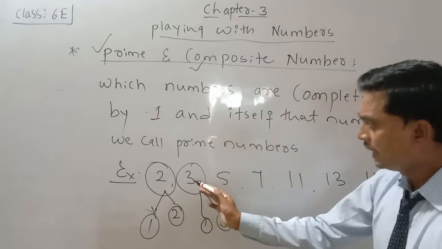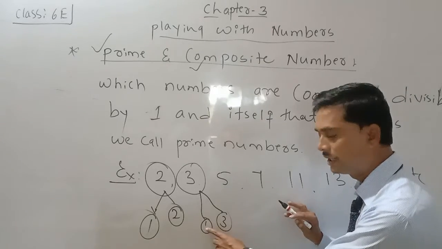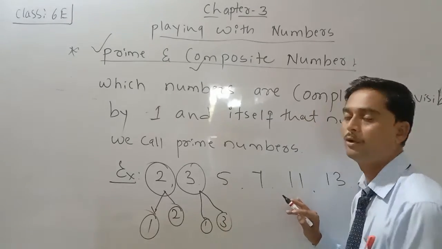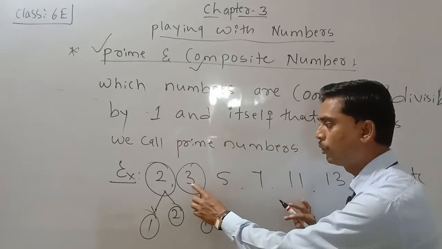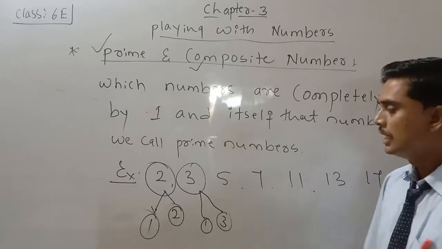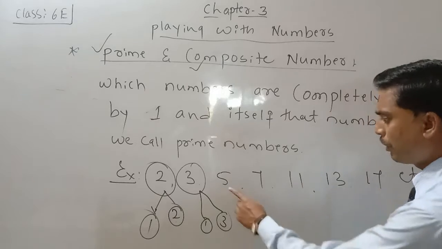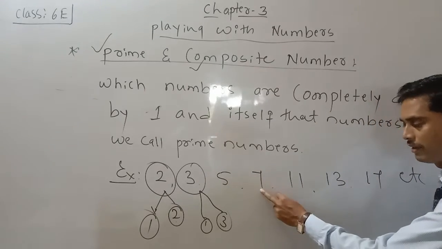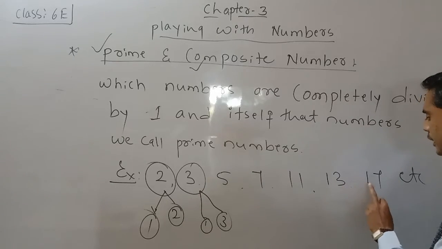To divide 3 completely, we have to use the 1's table or the 3's table only. That's why 1 and 3 are factors of 3, and 3 has only 2 factors. That's why 3 is a prime number. And 5 also has 2 factors, 7 also has 2 factors, 11 also has 2 factors, 13 or 17.